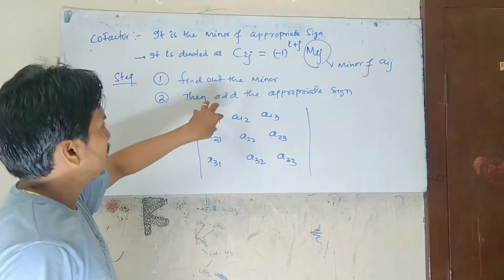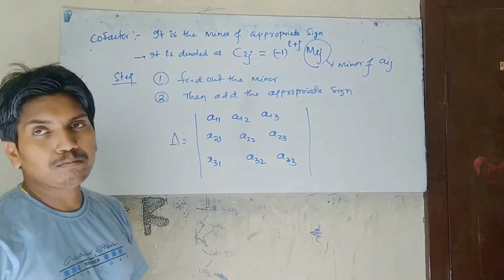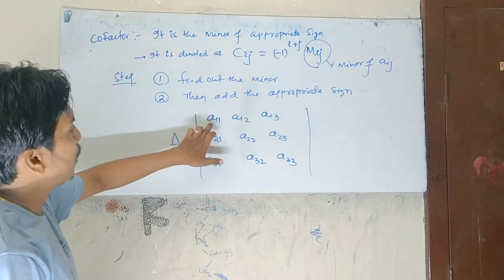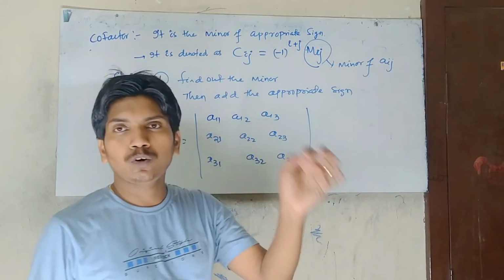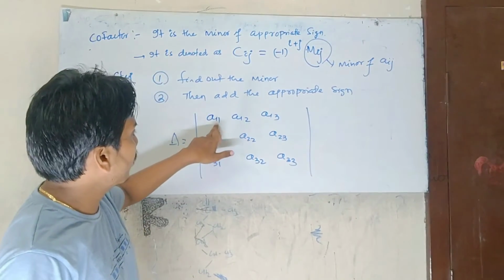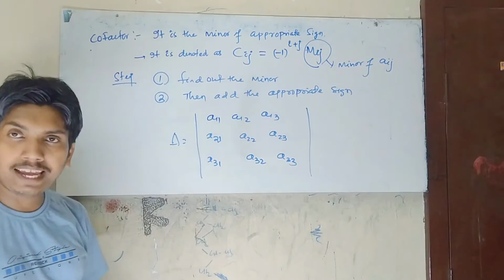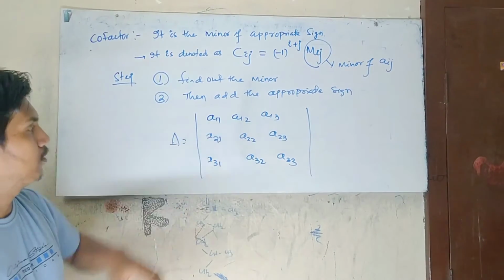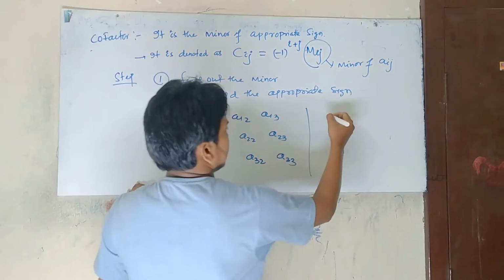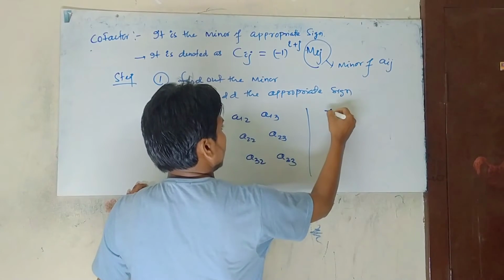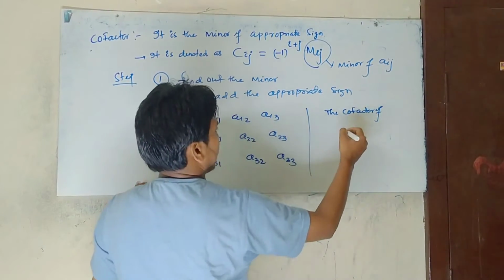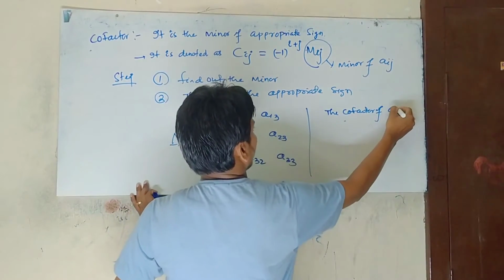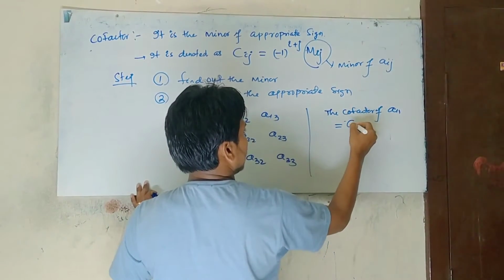this A11, its minor is M11, and what is the appropriate sign? Here I and J are the rows and column. For A11, what is the I? I is 1. If you find out the cofactor of A11, that means that is equal to C11.